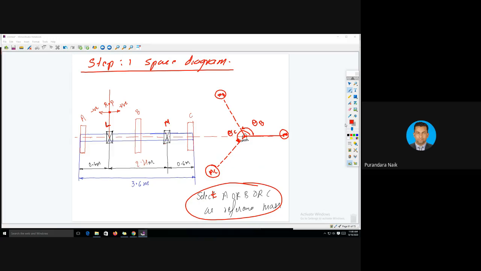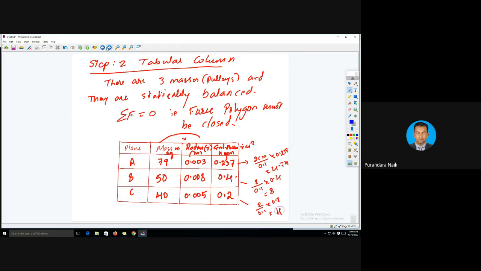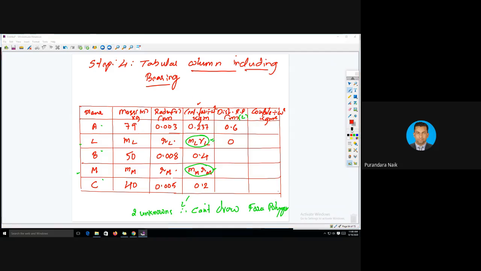You need to measure the proper distance. L to B, I think it is 2.4 divided by 2, which means 1.2, right? This is 1.2 and this is also 1.2. So 1.2.